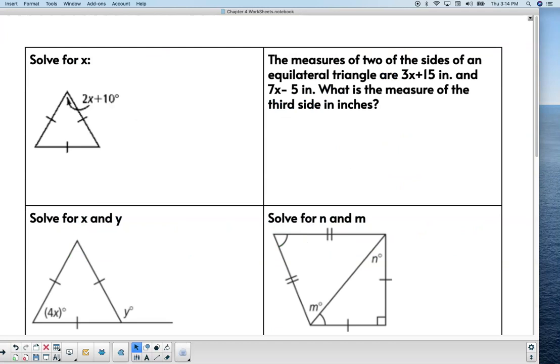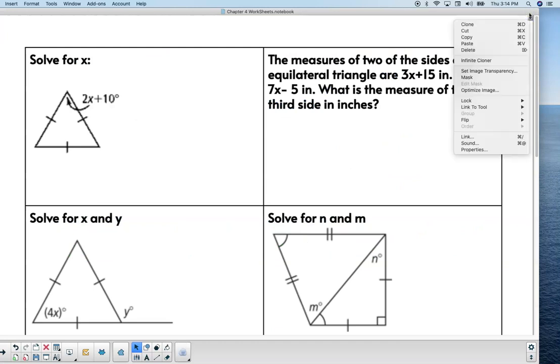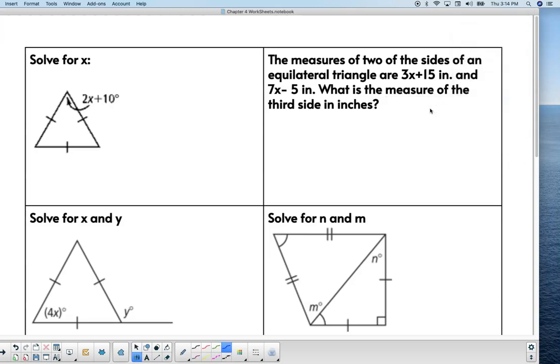Let me freeze this in place. And we'll get this going. Right now, I have all the sides the same, okay? That means all these angles are the same. That means this is an equilateral triangle.